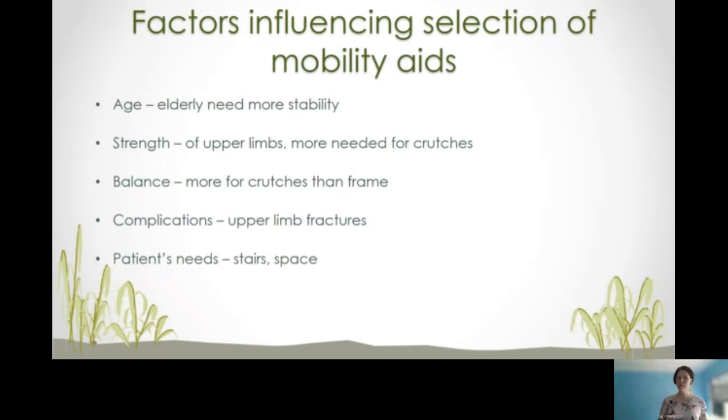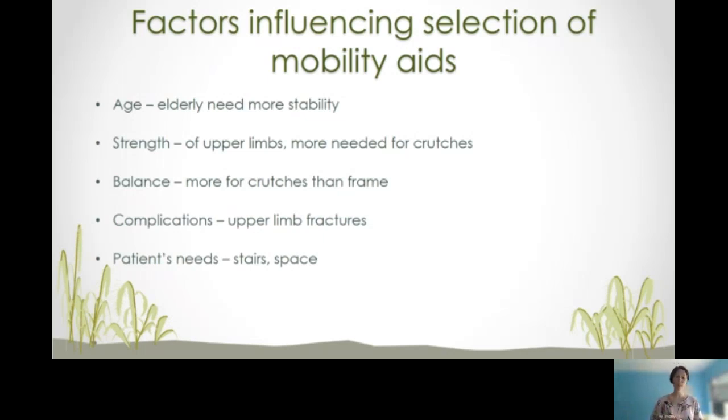You will surely not give him a walking frame, will you? For him, rather crutches compared to a fearful elderly person that might need a bigger base of support, more stability.